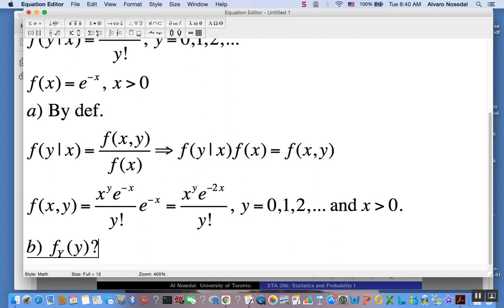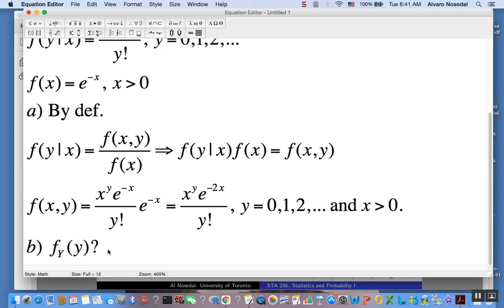So, first, before we do anything, let's pay attention to this particular joint and to these values that it can assume. Note that joint probability function is continuous with respect to x and discrete with respect to y.